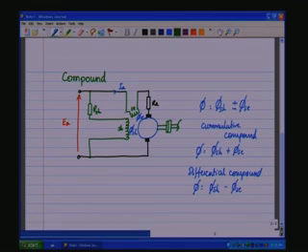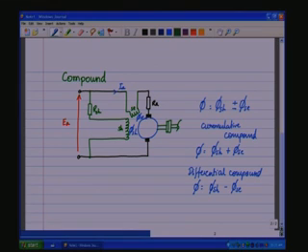So, even under those conditions, you will have the flux contributed by the series much smaller than the shunt field flux, and therefore, under no load conditions, it will act like a shunt machine. And therefore, under no load startup condition, where the series motor would run away, in this case it would be like a shunt machine, and there won't be the possibility of runaway under such conditions.